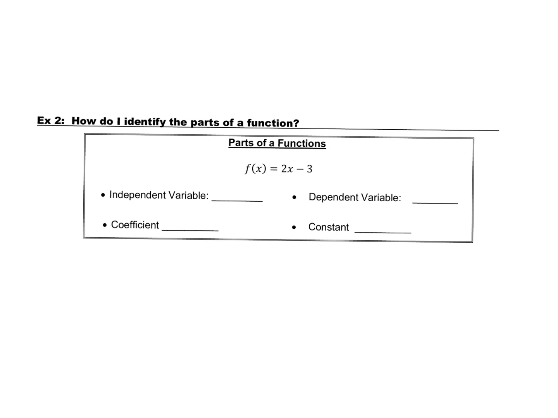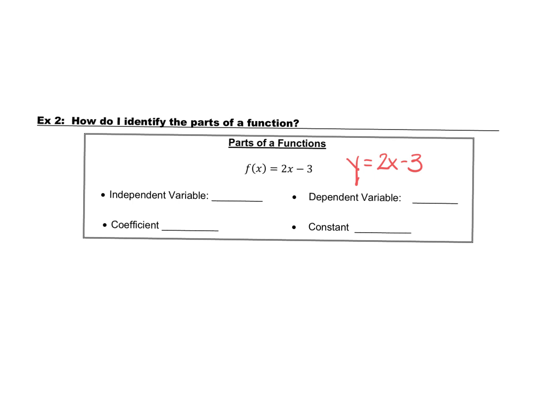Now, how do I identify the parts of a function? First of all, you have f of x is equal to 2x minus 3. And remember, this is just another way of writing y is equal to 2x minus 3. So let's talk about the independent variable, the dependent variable, the coefficient, and the constant.